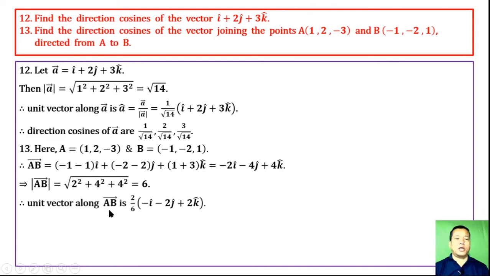Therefore the unit vector along AB vector is AB vector divided by its magnitude 6. Therefore the direction cosines of AB vector are i coefficient minus 2 by 6, that is minus 1 by 3, j coefficient minus 4 by 6, that is minus 2 by 3, and k coefficient 4 by 6, that is 2 by 3.